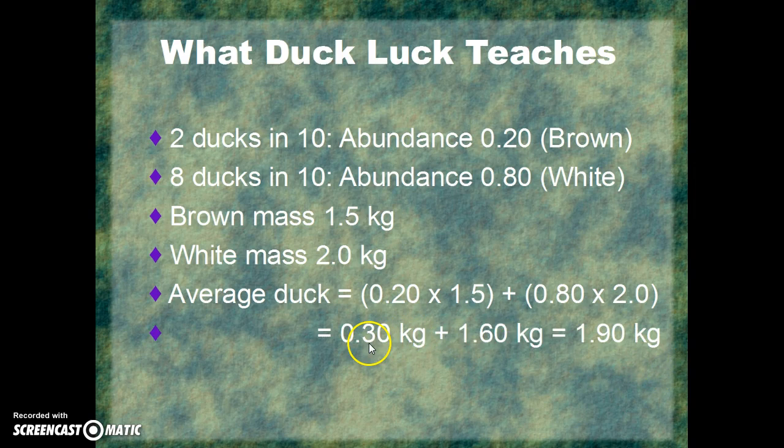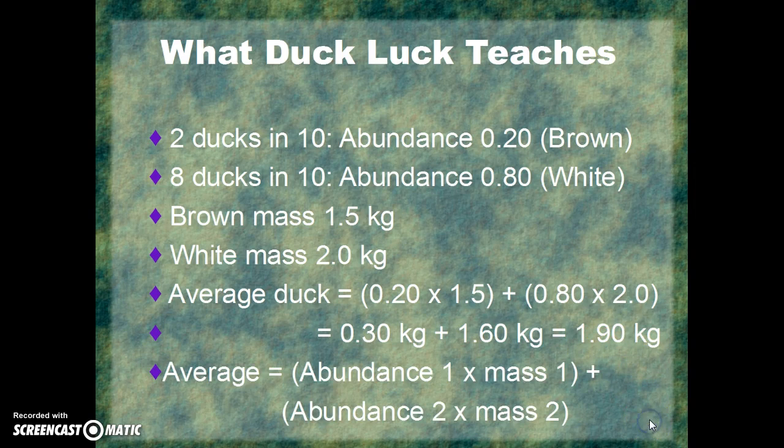When we add these two up, we get 0.3 kilograms plus 1.6 kilograms, or 1.9 kilograms. The brown ducks contribute 20% of the weighted mass, and the white ducks contribute 80% of the weighted mass. And so the weighted average of ducks, the average duck, is 1.90 kilograms.